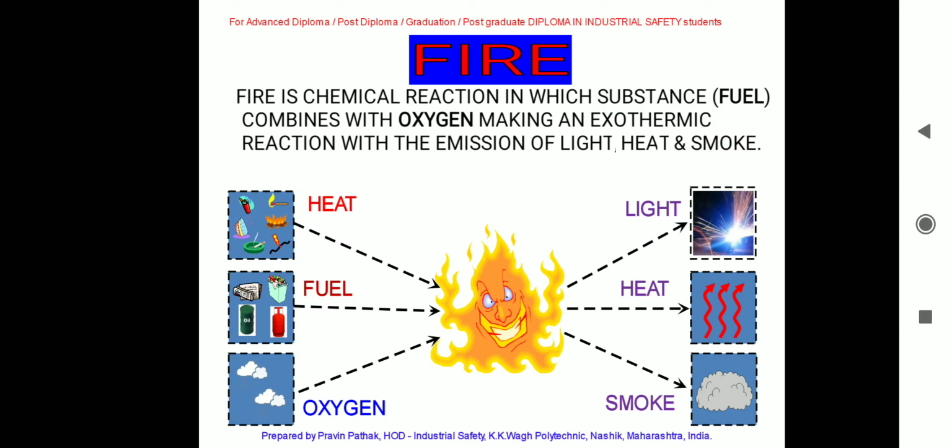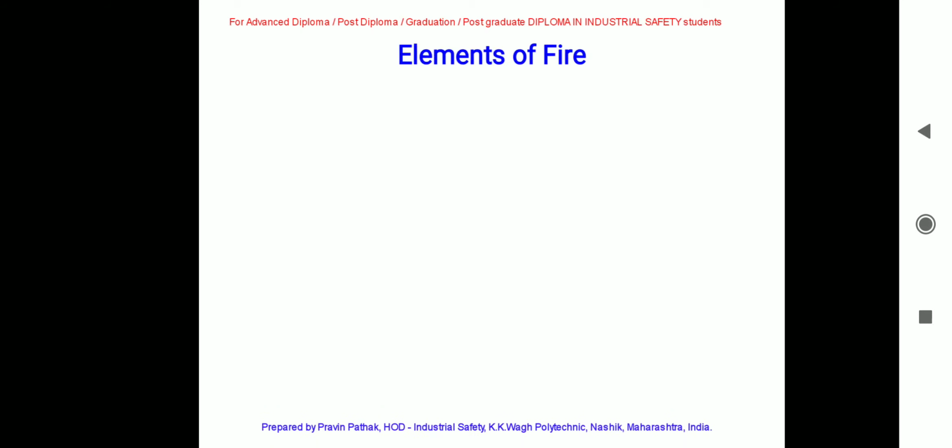So for the chemical reaction of fire, the 3 elements are required, that is heat, fuel and oxygen, right? So it is the definition of simple fire. It is an exothermic reaction, it is a chemical reaction, 3 elements are required, and the emission is in terms of light, heat and smoke. So what is fire triangle?